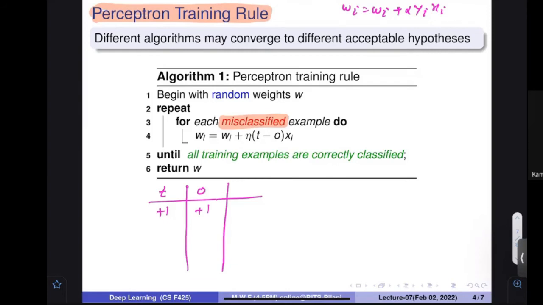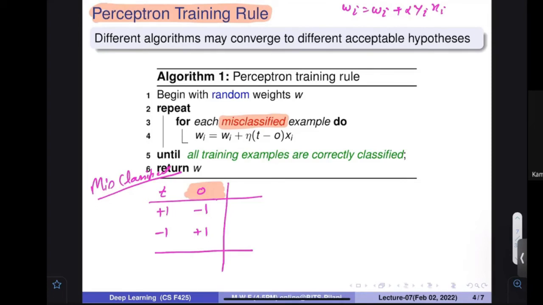So for the misclassified example, my output would be -1. If the target is -1, then with misclassification, the output of my system is going to be +1. This part is clear to everybody.